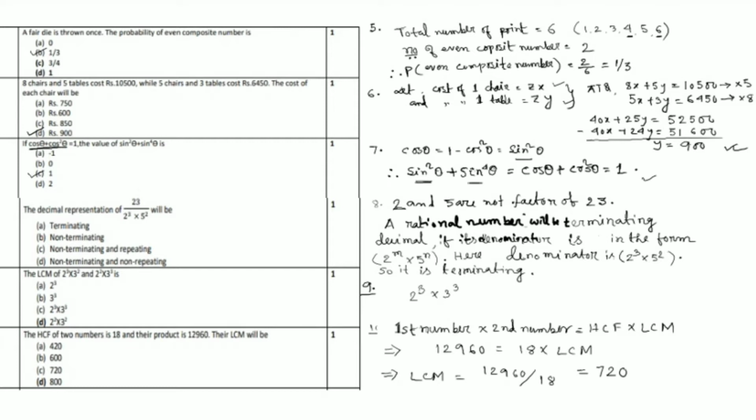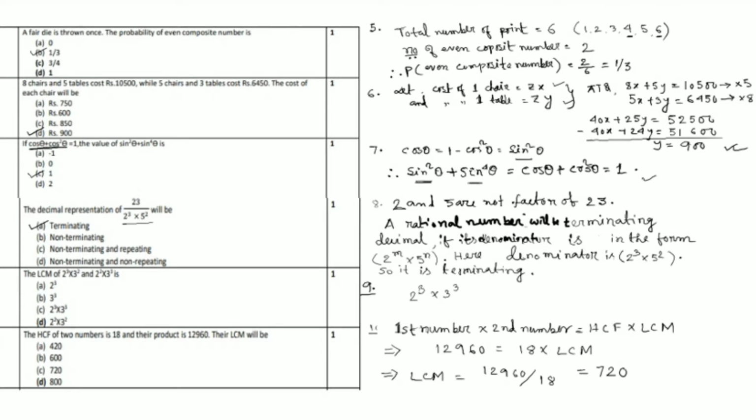And we know that a rational number will be a terminating decimal if the denominator is of the form 2 to the power m into 5 to the power n. Okay, I write down here. Here the denominator is 2 cube into 5 square, so it is of the form 2 to the power m into 5 to the power n. So obviously it is terminating. So option 8A will be right.